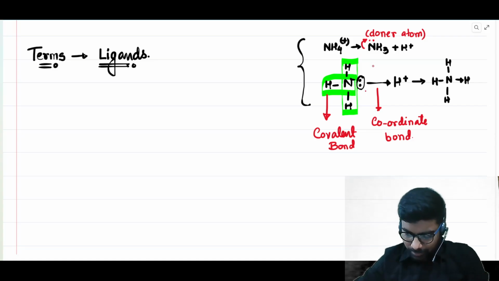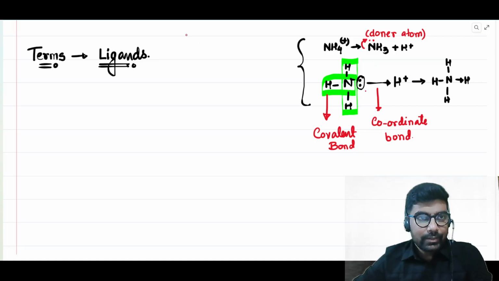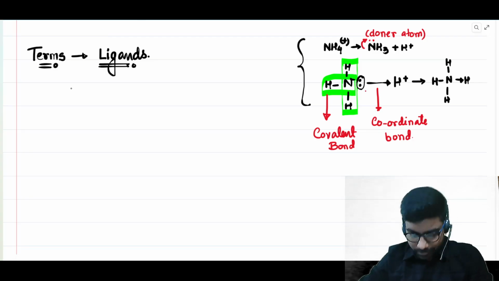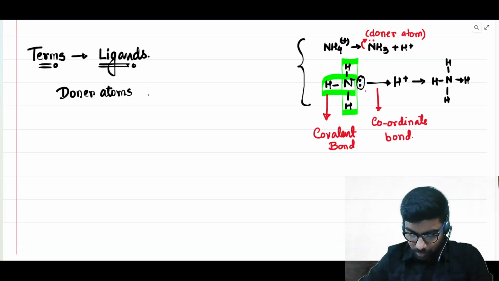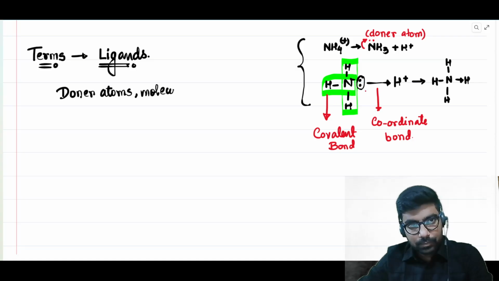Donating. So basically, the ligands over here are the donor atoms. So basically, we can call it the donor atoms or molecules. Can be cation also, can be anion also.